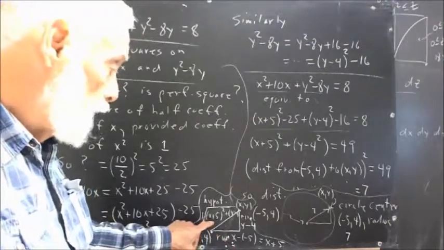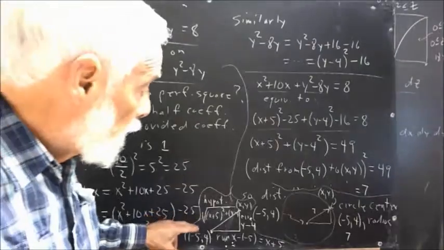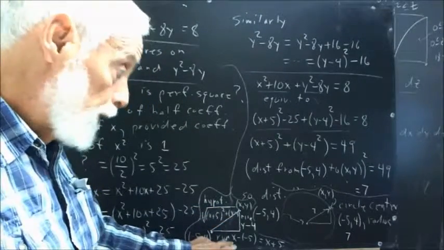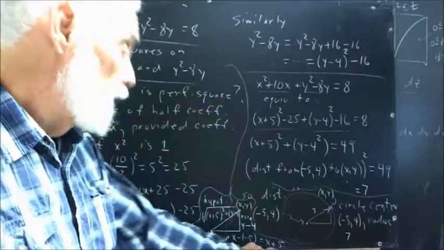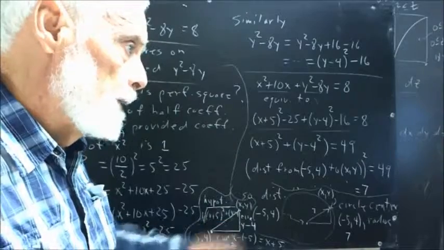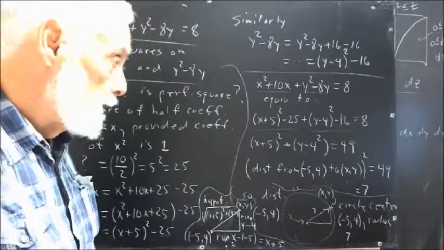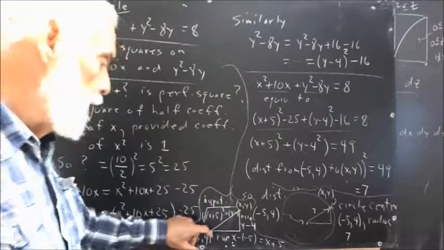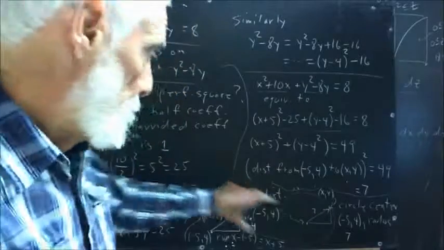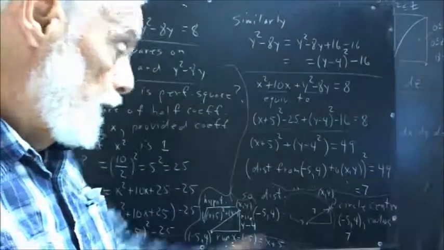It's going to be the square of x plus 5 and the square of y minus 4, because the hypotenuse is the square root of the sum of the squares of the legs. This leg is x plus 5, so we square that. This leg is y minus 4. We square that up here where you can't read it. And we get that the hypotenuse is this. And the hypotenuse is the distance from here to here, so that's got to be equal to 7, so that this equation represents this circle.